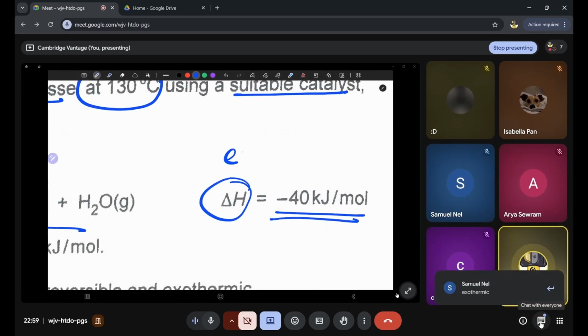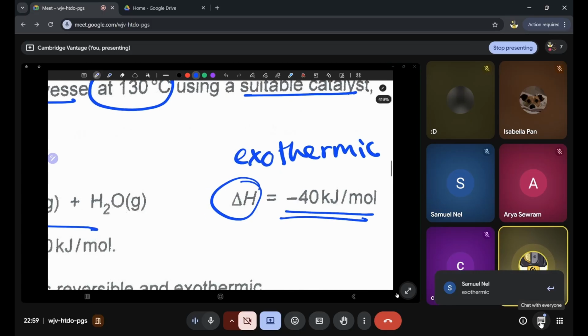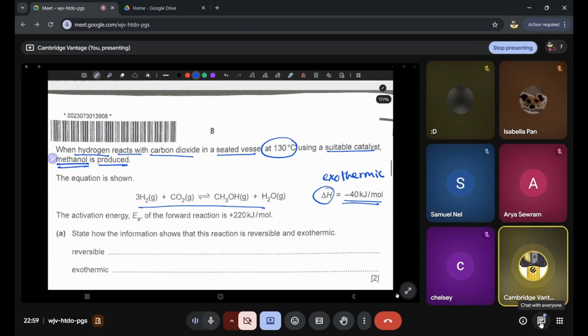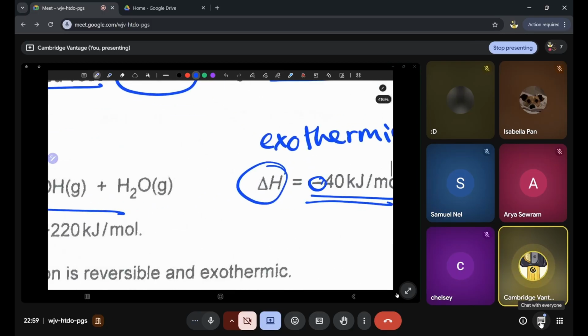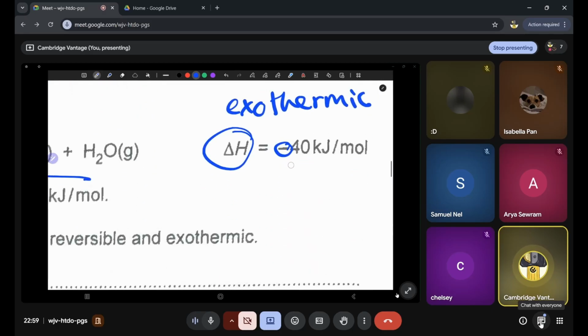It is an exothermic reaction. Now, what is an exothermic reaction? It's just a reaction where more energy is released compared to energy that is used to break bonds. That is why we see the negative. This negative just means that there is a net loss of energy, meaning energy is released.